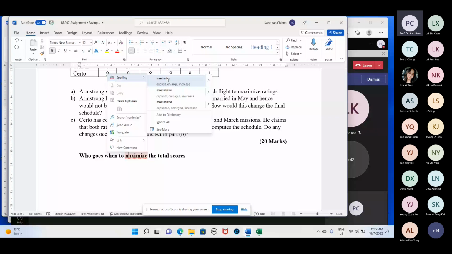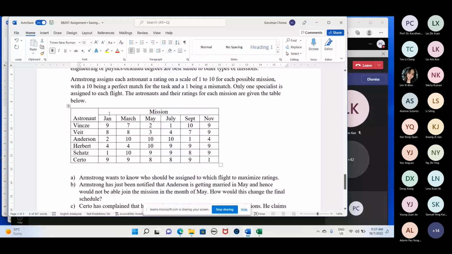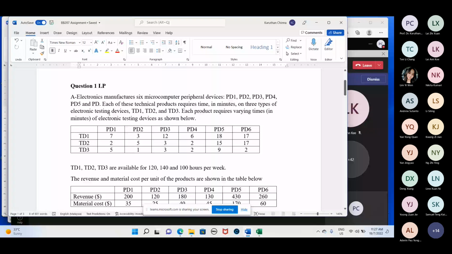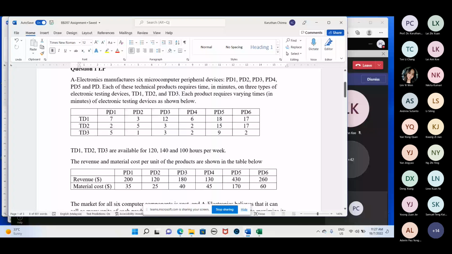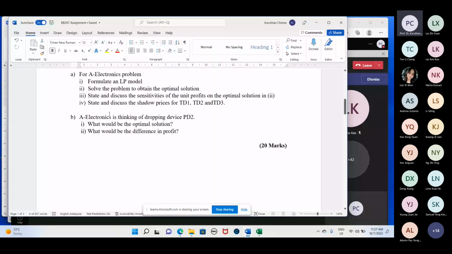Because they're assigning astronauts to settlements. First question. What do you want to know? What's the objective? Minimize or maximize? Maximize. So what do you want to know?